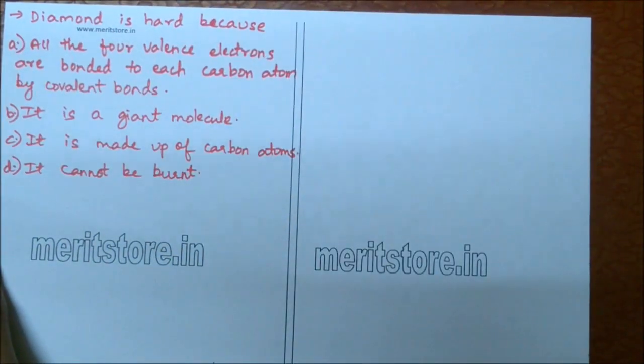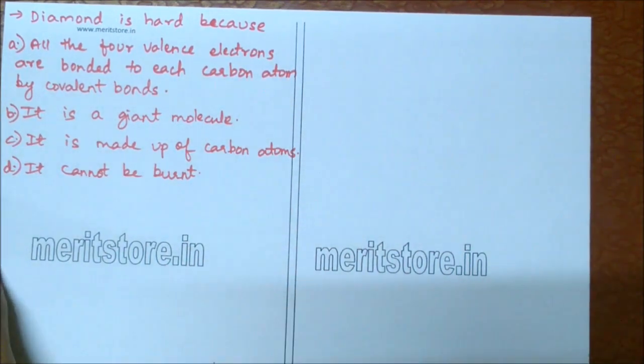Diamond is hard because: A) all the 4 valence electrons are bound to each other atom by covalent bonds, B) it is a giant molecule, C) it is made up of carbon atoms, D) it cannot be burnt.